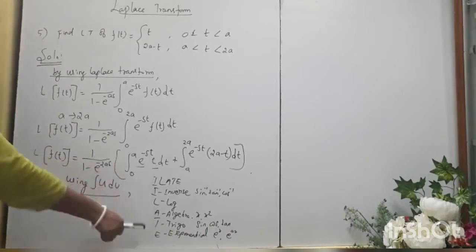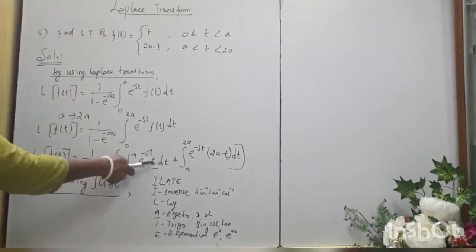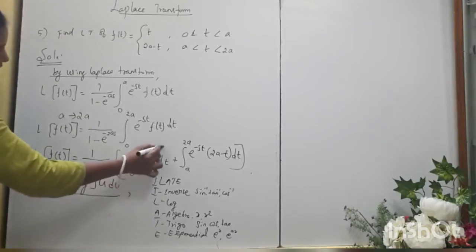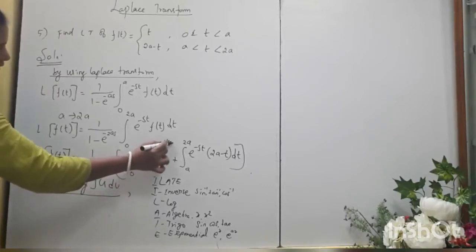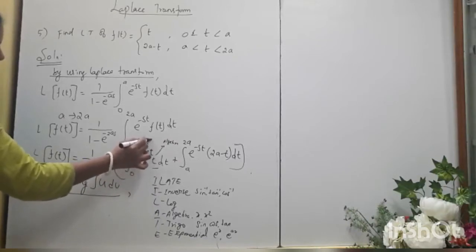By this order, you have to select. From this order, the first one you have to select is u. So t is algebra, and this is exponential.